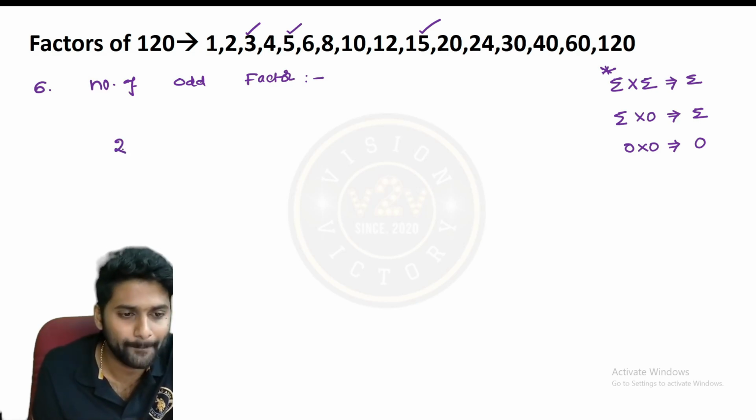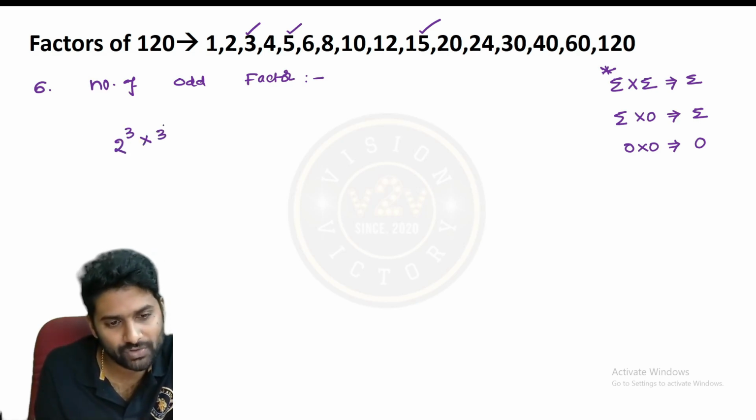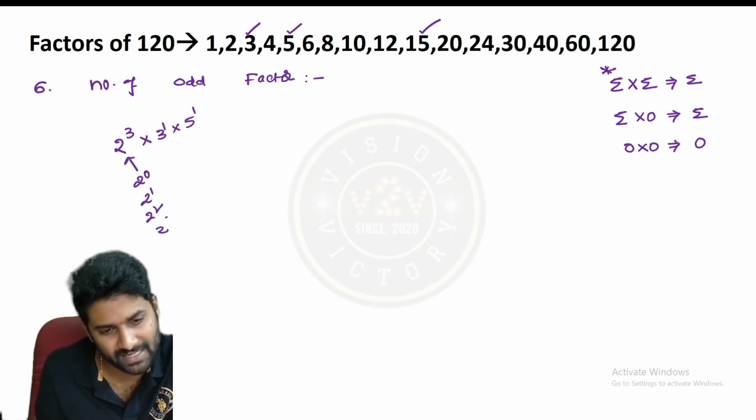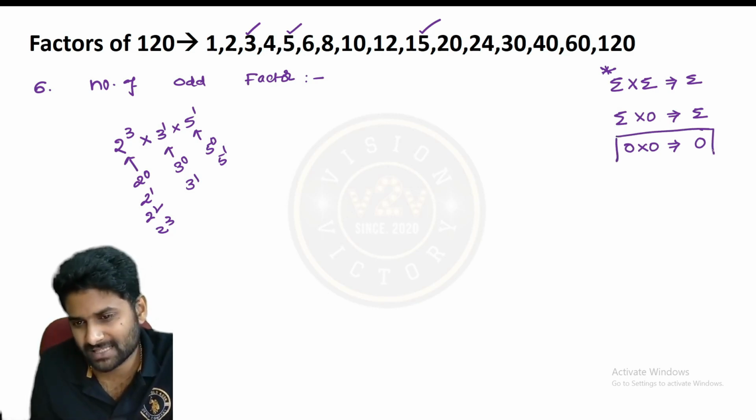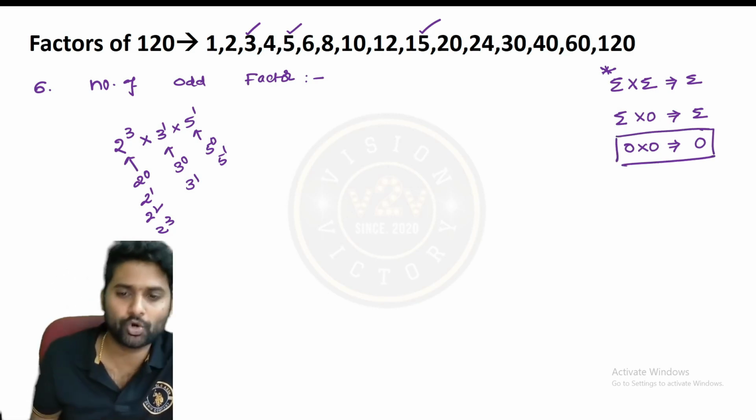Again, back to the prime factorization concept. Now, these are the values which exactly divide the cube. Factors for 5 power 1 are 5 power 0 and 5 power 1. And you already know that there is only one case in which the product is odd: odd into odd is equal to odd.